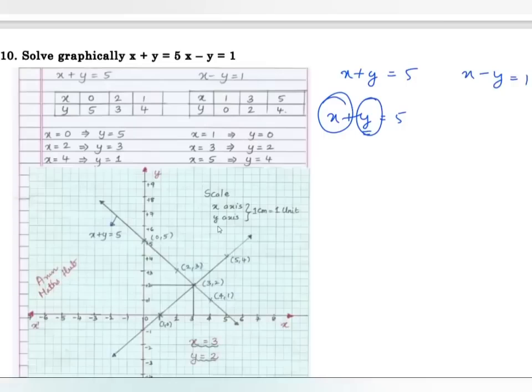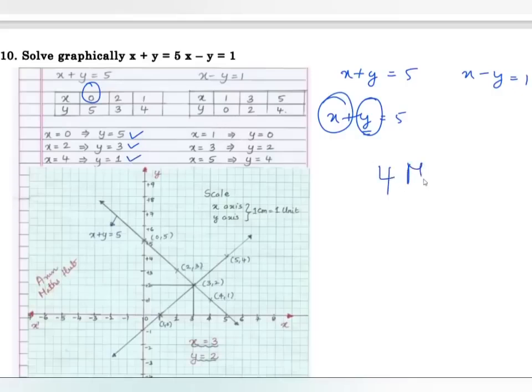Start with assuming x equals 0. What we get is y equals 5. In the same way, if you put x equals 1, we get y equals 4. If x equals 2, we get y equals 3. Assume an x value or y value and find the other variable. For the second line, if I assume x equals 2, y equals 1, x equals 3, y equals 2, x equals 4, y equals 3.